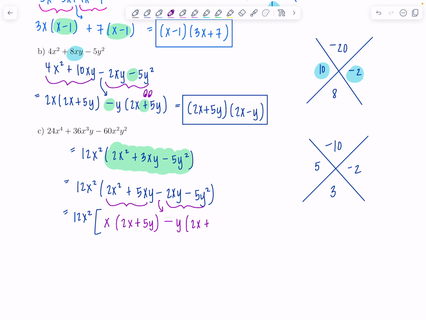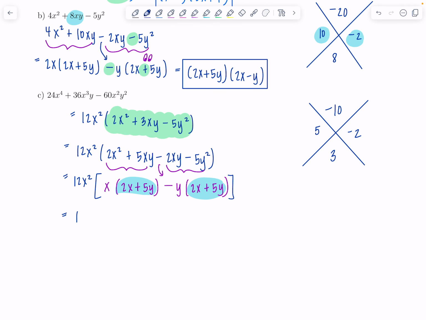So then this is 2x plus 5y. Good? And then perfect, these match up, so I know I'm on the right track. So then we've got 12x squared. You don't have to keep that bracket outside the parentheses anymore, because this is going to be fully factored. 2x plus 5y times x minus y. And we are done.